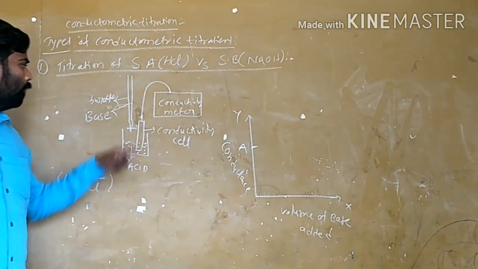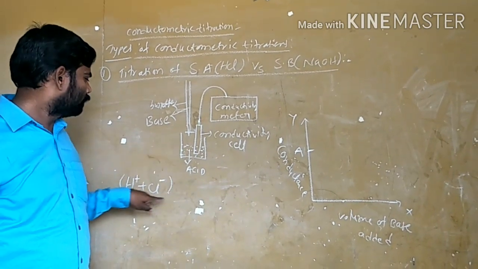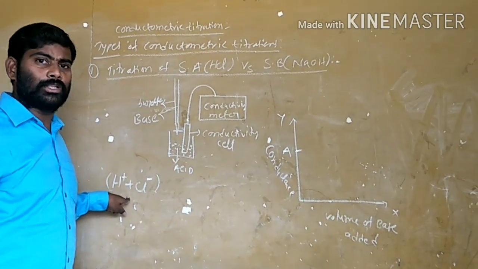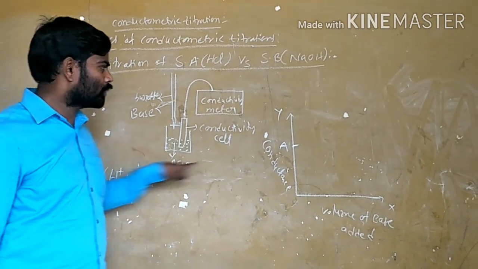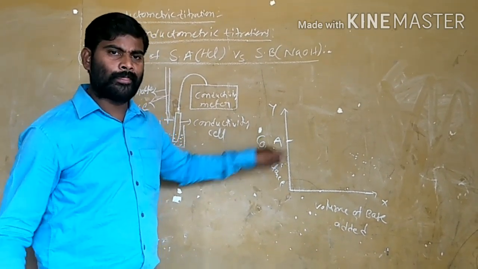Before the base is added from the burette to the acid, the strong acid is completely ionized and shows high conductance, shown at point A in the graph.